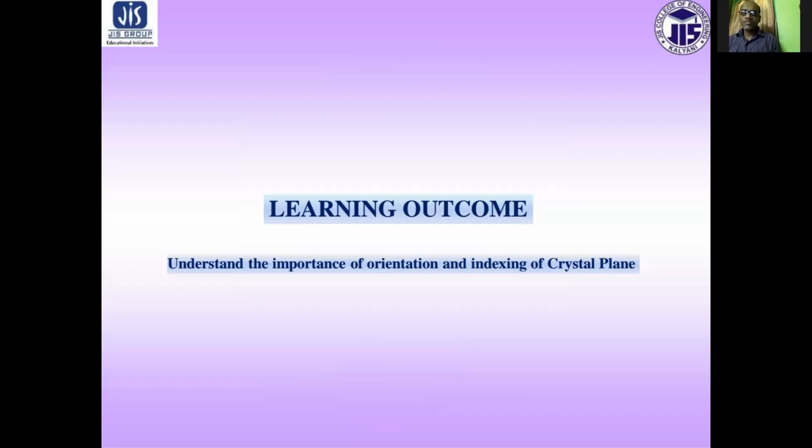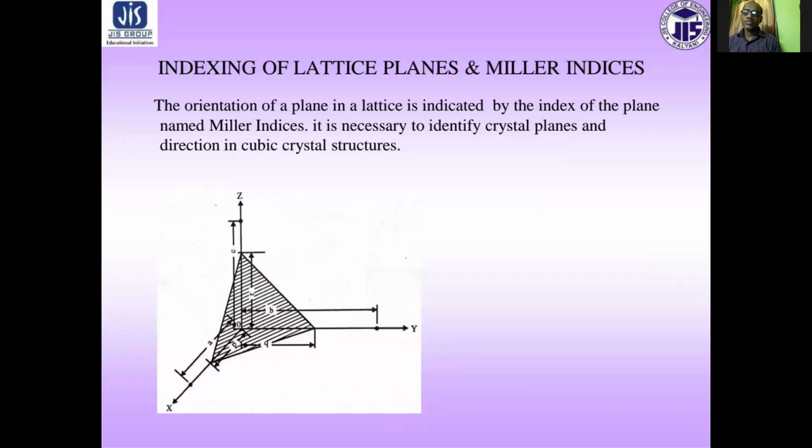So generally, the indexing is done to know the orientation and indexing of the crystal plane, and Miller indices is the widely accepted indexing mechanism. First of all, we have to know briefly about the indexing of a lattice plane.